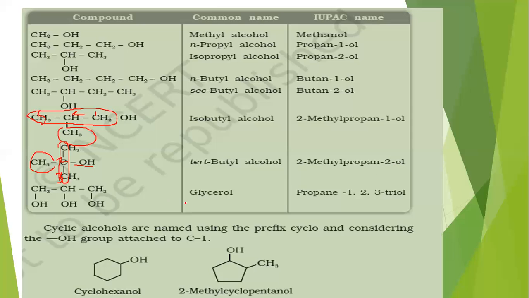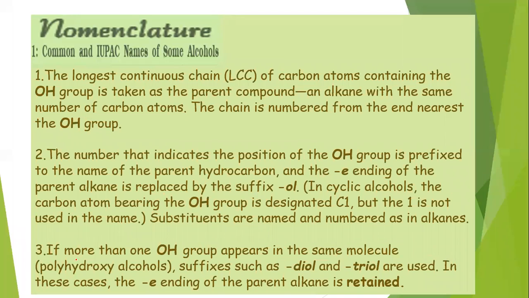Now, before the nomenclature, we must see the third rule. If more than one hydroxyl group appears in the same molecule, that is polyhydric alcohols, suffixes such as diol and triol are used.